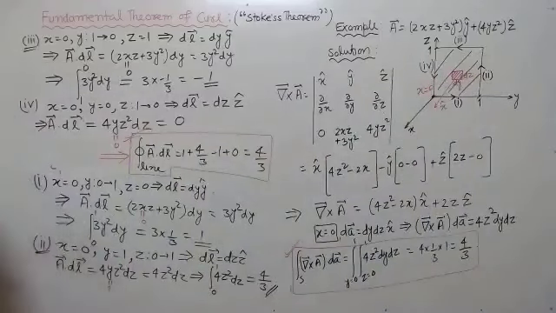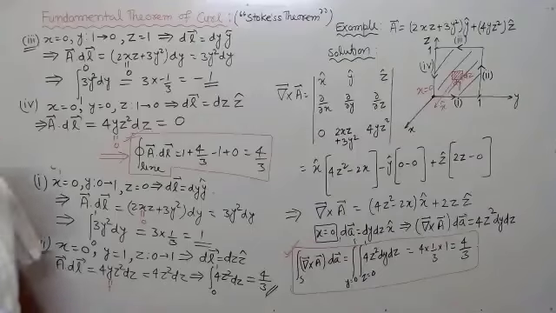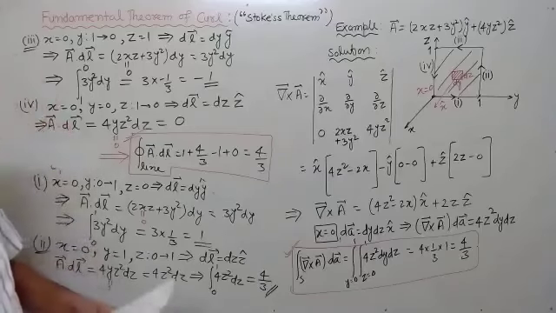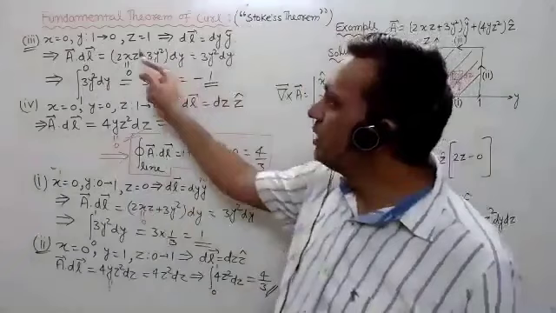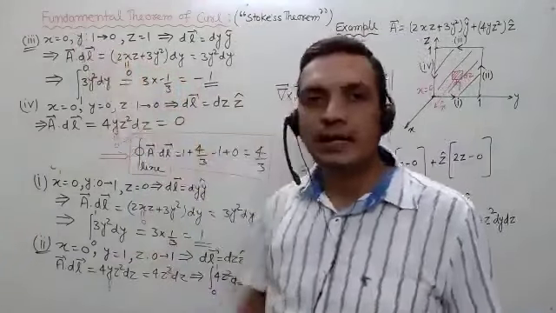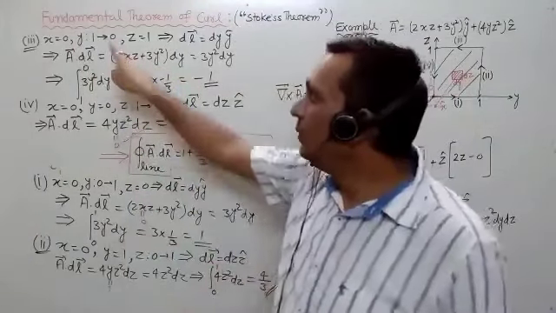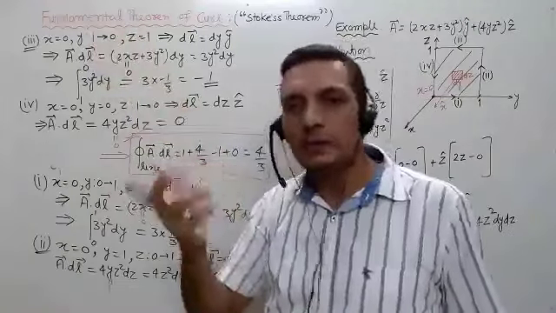Please note down. Sir, for segment 3, dl, I think it would be negative. dl is always positive because you have to change the limit of y. If you take the limit 1 to 0, you will get the plus or minus sign.